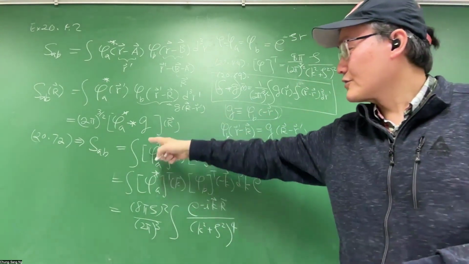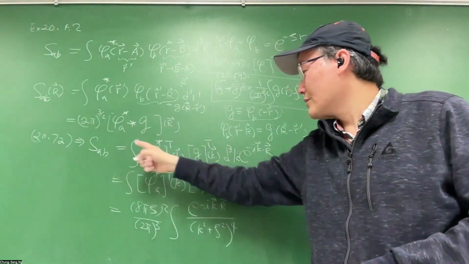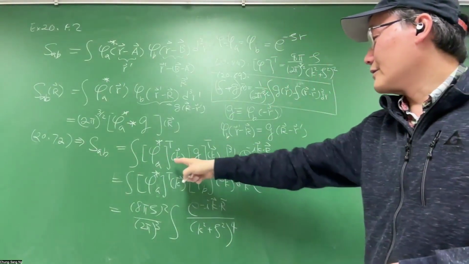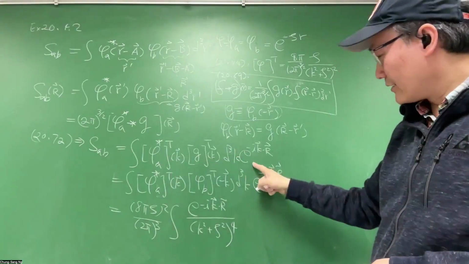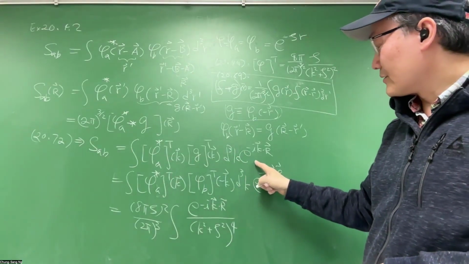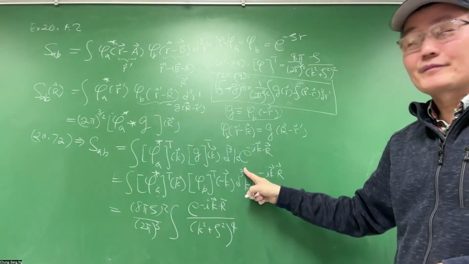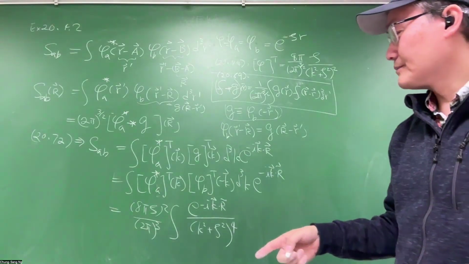Then I can use the formula that when you integrate these two, which is just this one, it equals the product of the Fourier transform and this factor, the exponential factor, integrated in k space. That is just the formula that we derived before.